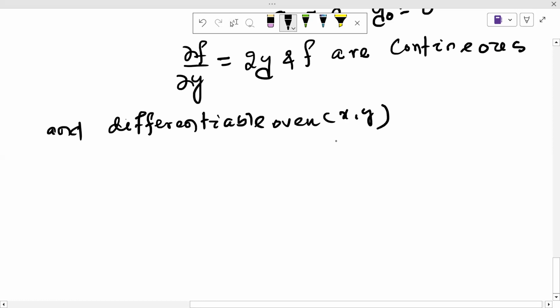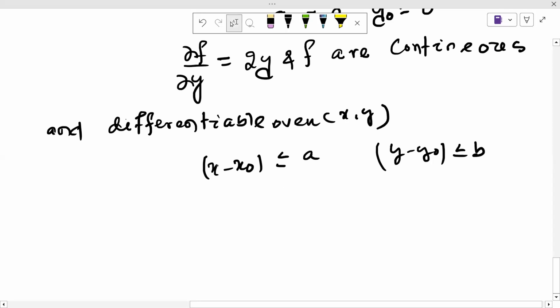So what is your objective here? Here it is given that mod of x minus x0 is less than or equal to a, and mod of y minus y0 is less than or equal to b. But what are x0 and y0 given in the problem? 0, 0. So mod of x is less than or equal to a, and mod of y is less than or equal to b.